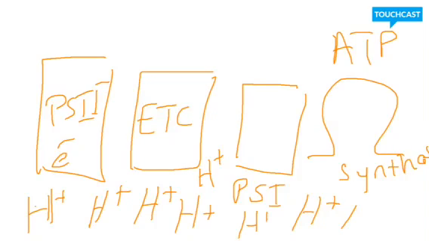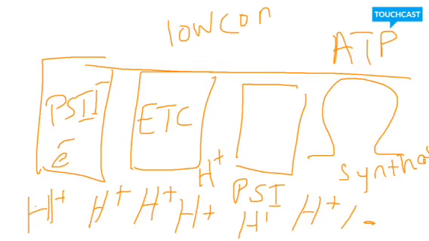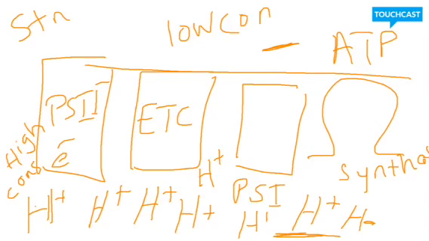And remember, what do we know about transport across membrane? When you have high concentration and low concentration, remember there's more hydrogen ions inside the thylakoid than in the stroma. Now what happens?